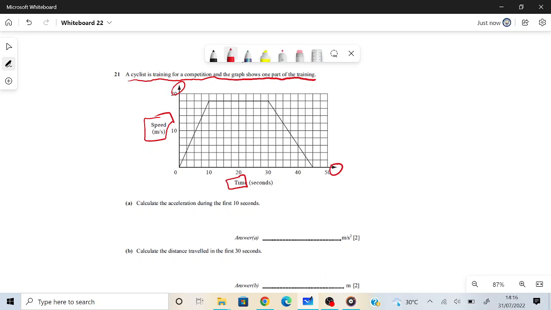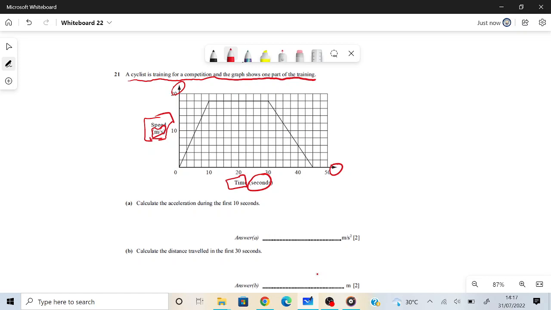The speed unit over here is meters per second, and the unit for time is seconds. That means the units match. If the time unit was, say, minutes, then for whatever answer we had for the minutes, we would have to convert it to seconds, because eventually they want the speed in meters per second as labeled over there. So this is how a speed time graph looks.